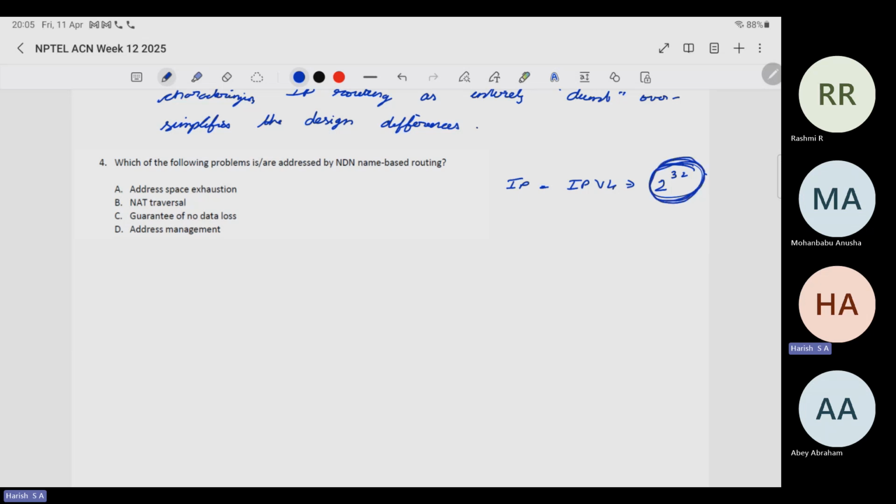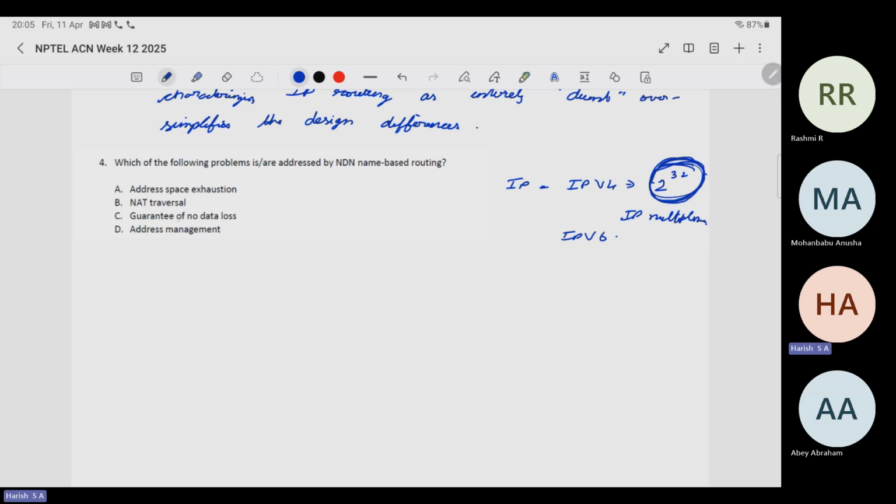So which is why they use IP multiplexing. But even then, you are left with a very limited number of public IP addresses, which pretty much won't be enough. Which is why IPv6 came up. So these are problems with traditional IP networks. So this is address space exhaustion.